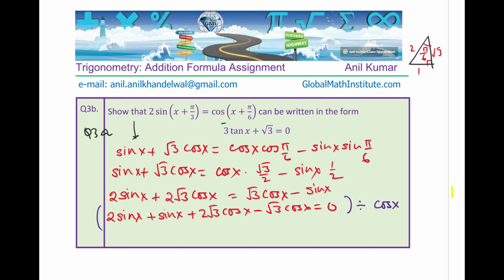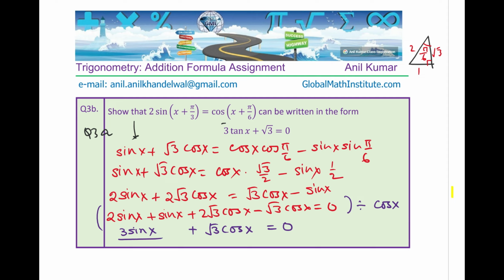So 2 sine x plus sine x is 3 sine x, right? And here we have 2 square root 3 cos x minus square root 3 cos x gives us square root 3 cos x, right?